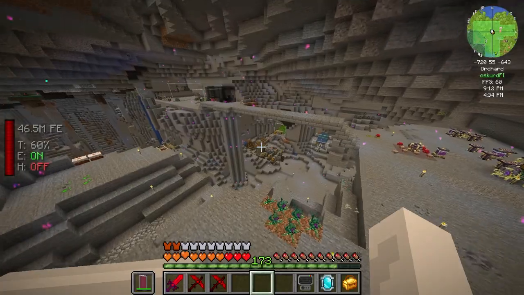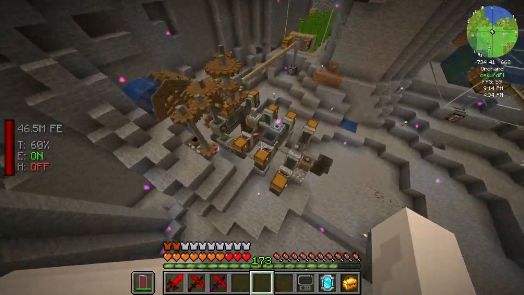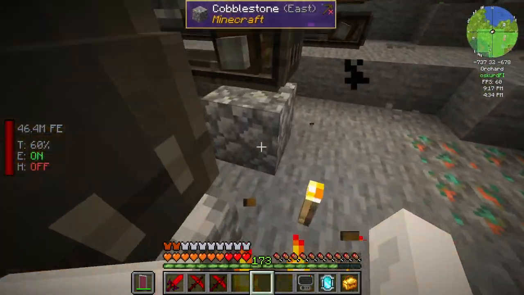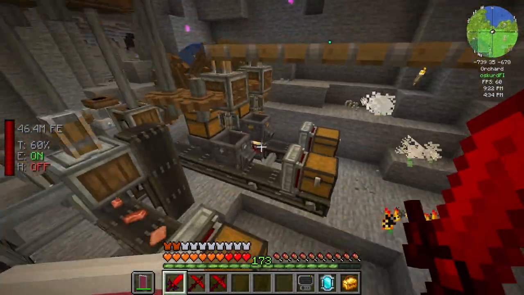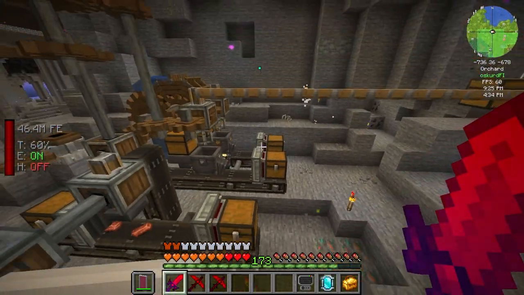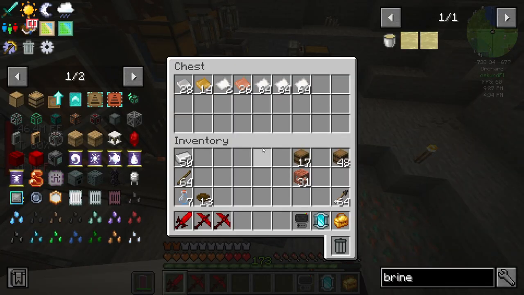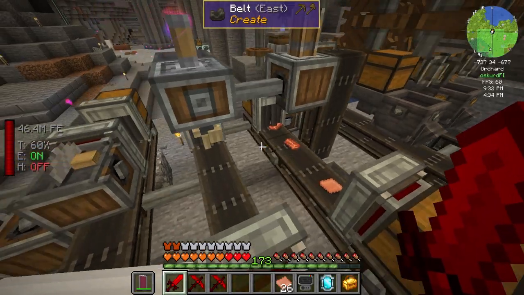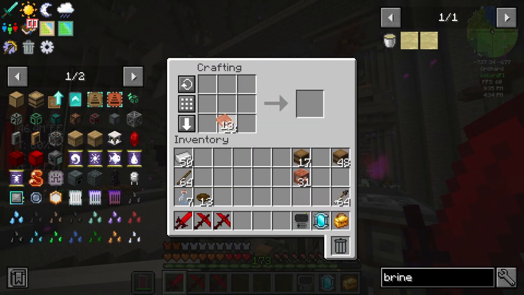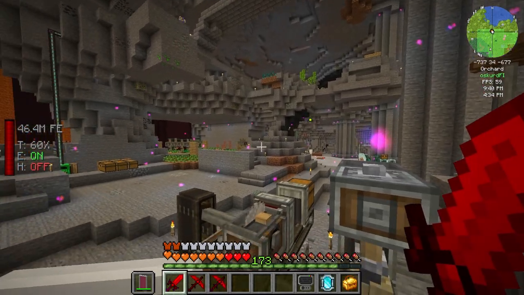And wait, this machine actually makes these very slowly. I really should make my Mekanism machines even a little faster and usable. Even a little bit. Because these are just super slow. But I haven't done anything with my Create for a very long time.